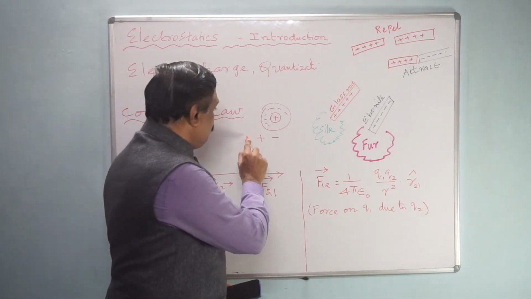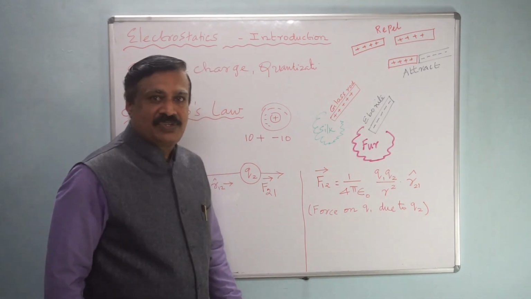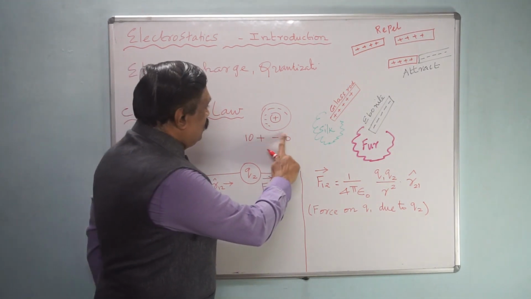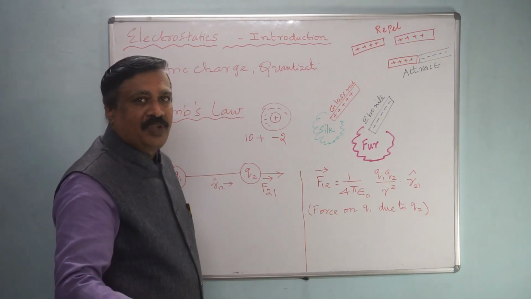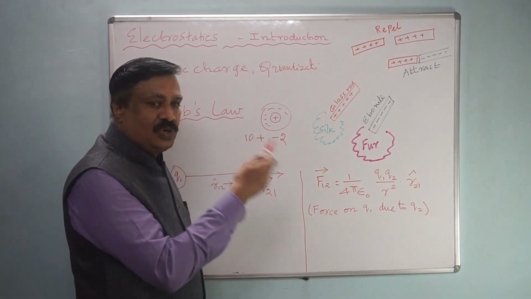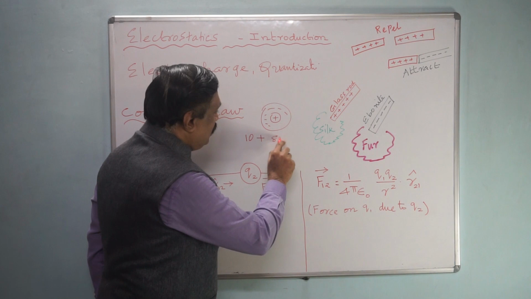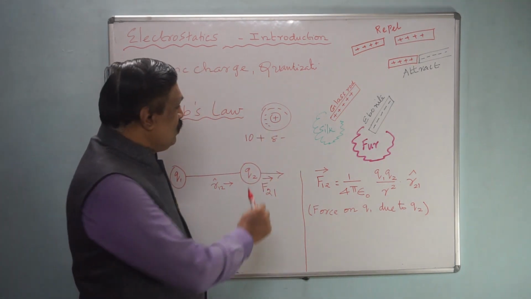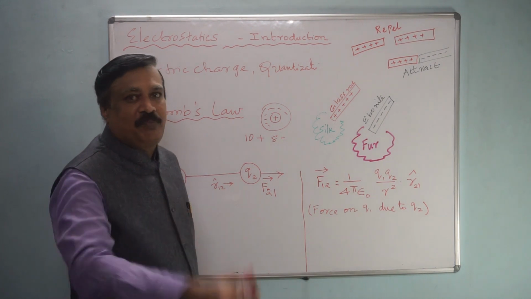For example, 10 protons and 10 electrons are there. If 2 electrons are gone, then 8 electrons will be there. Now which is more? Positive is more.